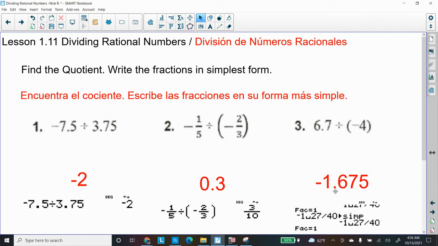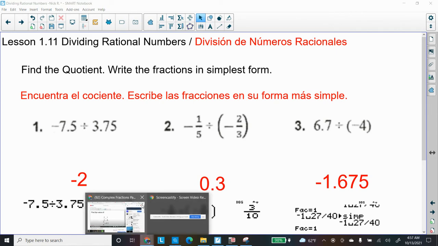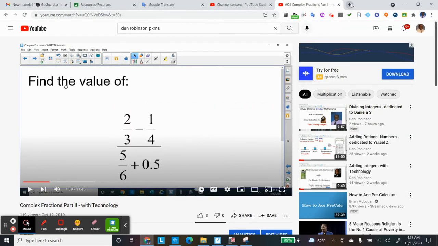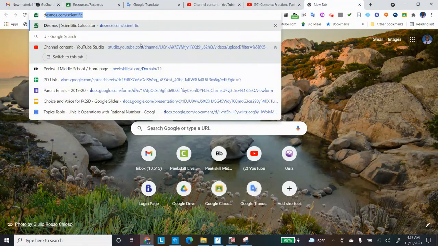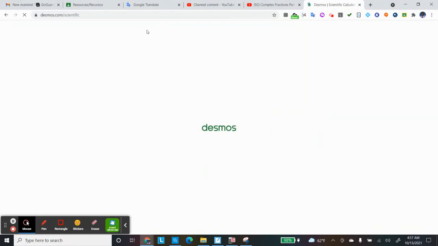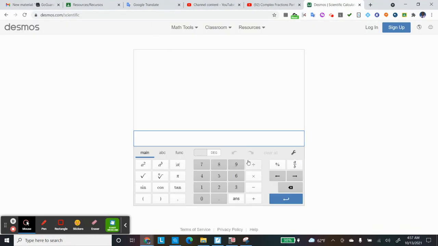Okay, so I'm going to go to the Desmos calculator for a second so we can see Desmos in action, because we should have both calculators represented here. And here's my Desmos calculator.